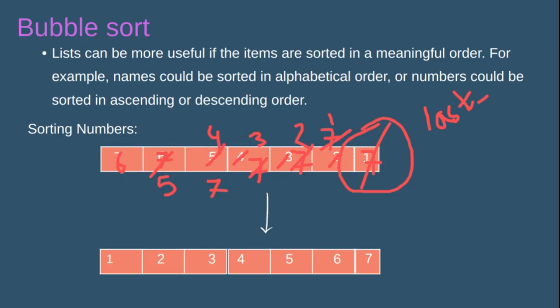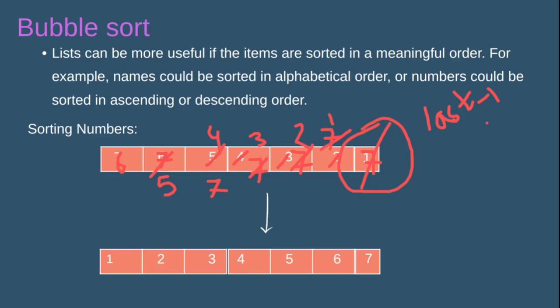So we'll execute our loop from 1 till last minus 1. Next time we won't execute the code till the 7th index, we'll execute it till the 6th one. Once you compare all of them in the next pass, you will see that the 6 would be pushed to the last index number.